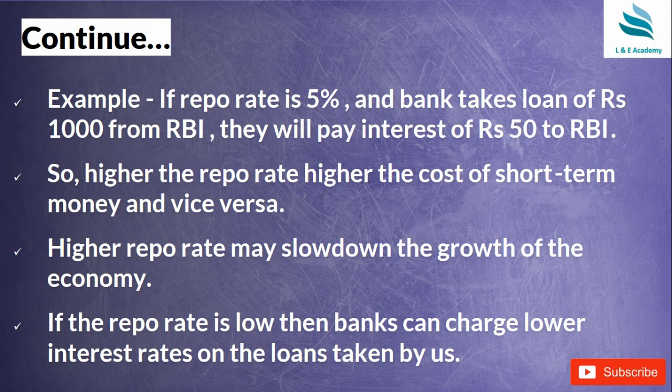So if the rate of interest is high, the banks have to pay more interest. And obviously, they will have less money to lend to people. So the repo rate plays a very important role in deciding the amount of money the bank has to lend to the customers. And banks can only make profit when they lend to the customers.